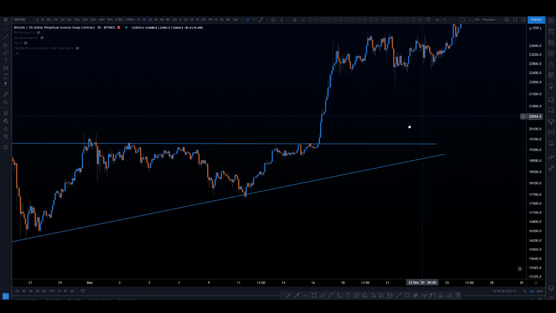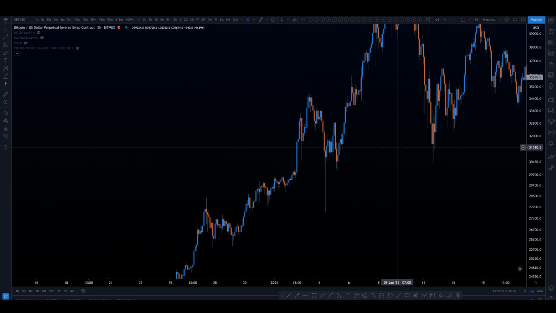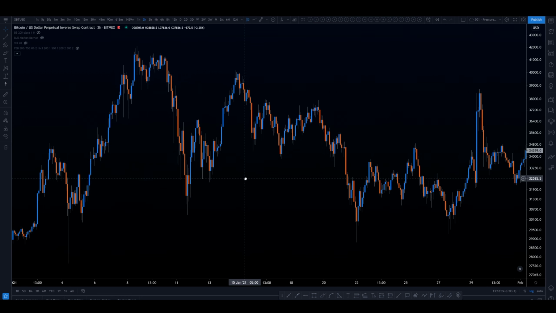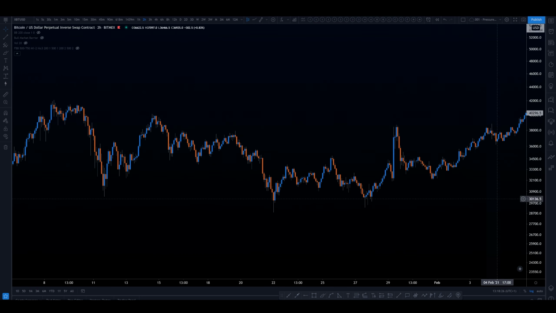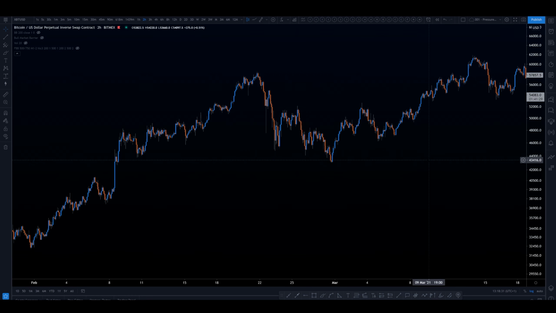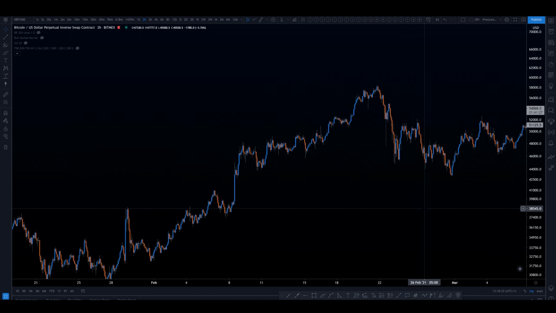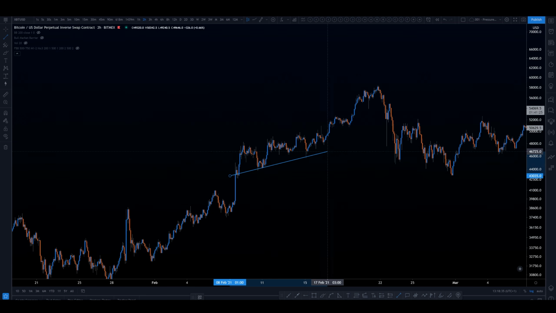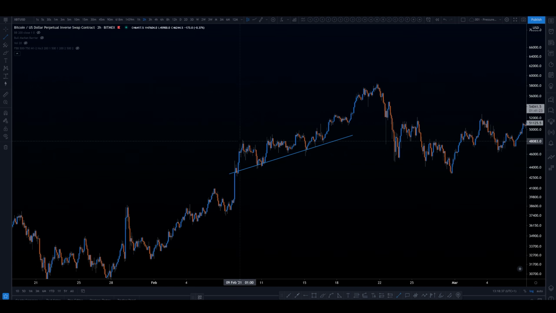Let's look for a rising wedge where I can show this. Maybe this one. As you can see, we have a rising wedge, but it broke to the upside.